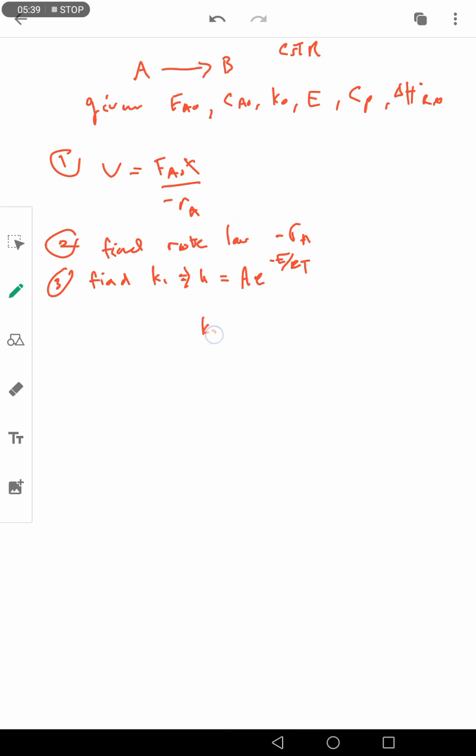So in order for you to find, you can follow this equation in order to find any given K with specific reference. Okay, contoh yang ini.